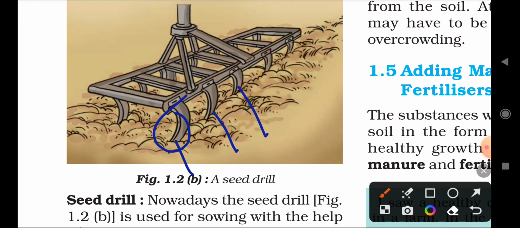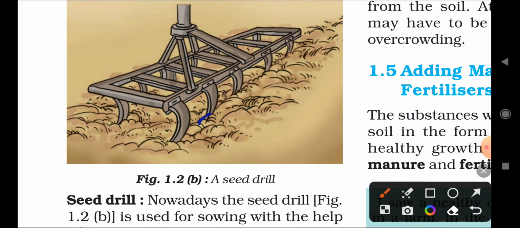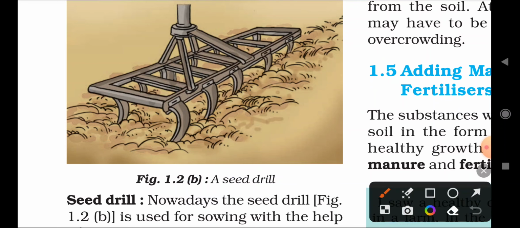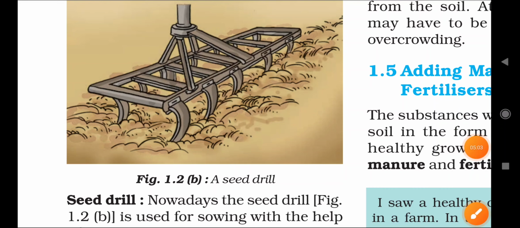For example, if the distance between these two is 1 meter, the first seed is here, and the second seed will be at a distance of 1 meter. So they are uniformly distributed throughout the area at a fixed distance. This is the best method to add seeds in soil using a seed drill.